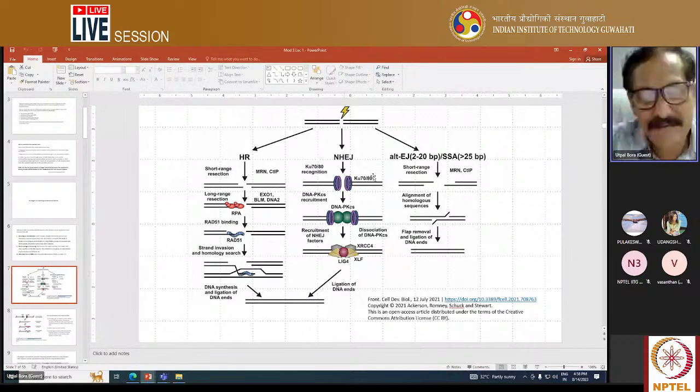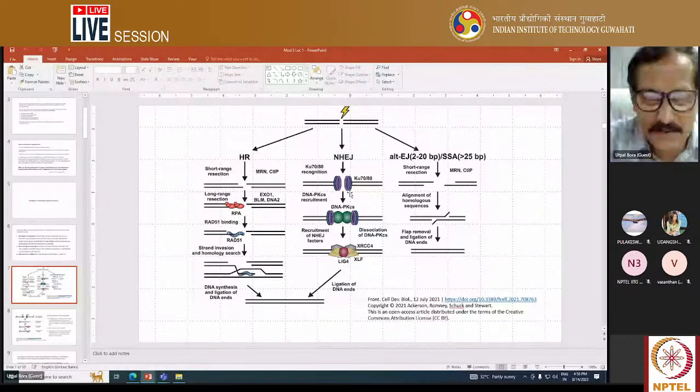So here we do not have a template. Wherever there is some kind of DNA breakage, certain proteins will come into action at that point, and they will try to fill up this gap.